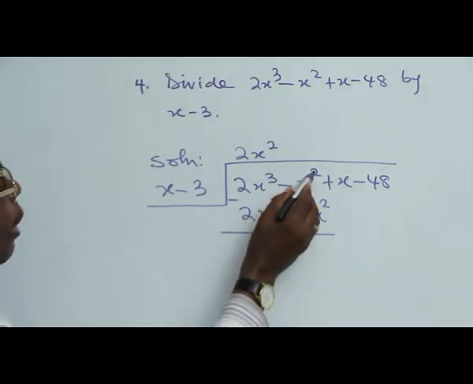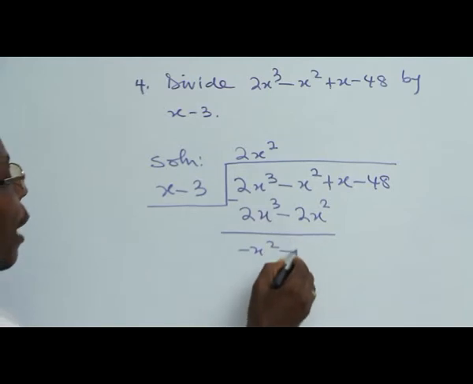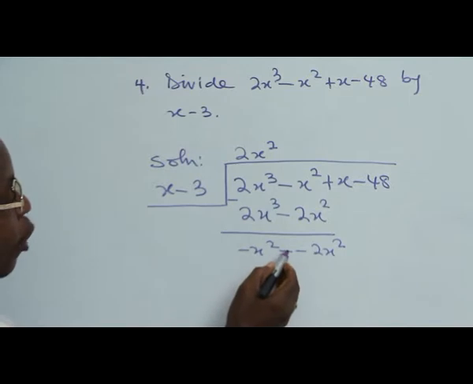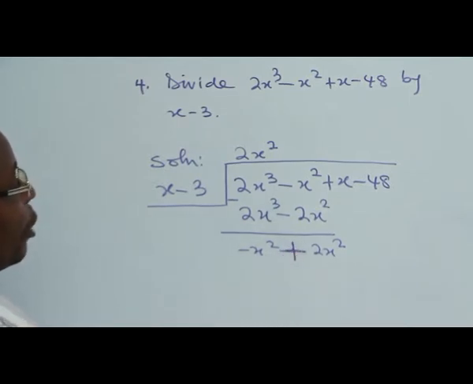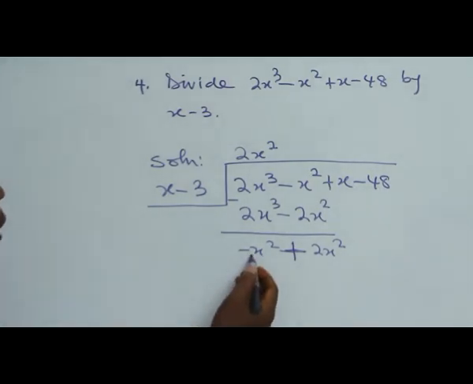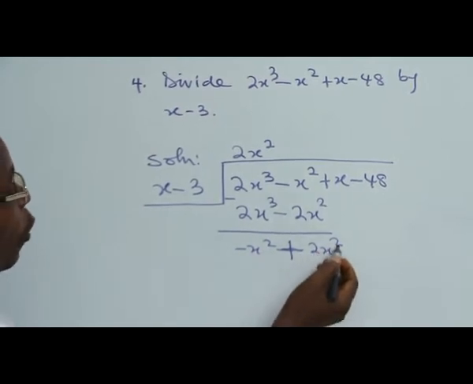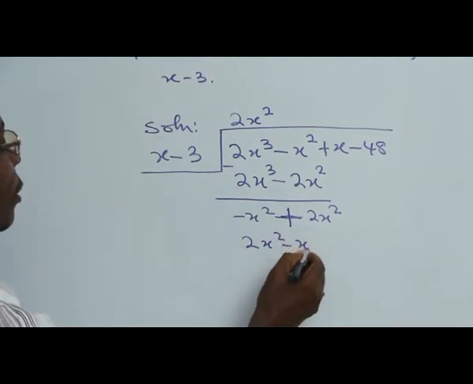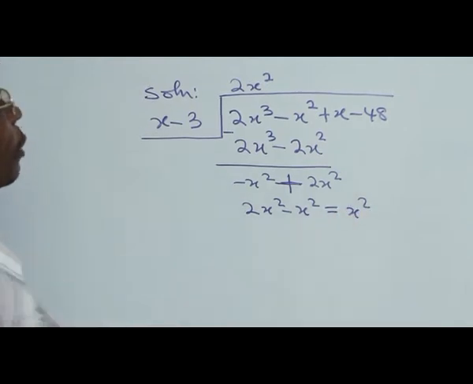So we have minus s squared minus minus 2s squared, and minus 2s squared becomes plus, addition. So we now have minus s squared plus 2s squared, which will give you 2s squared minus s squared, and the value here is equal to s squared.